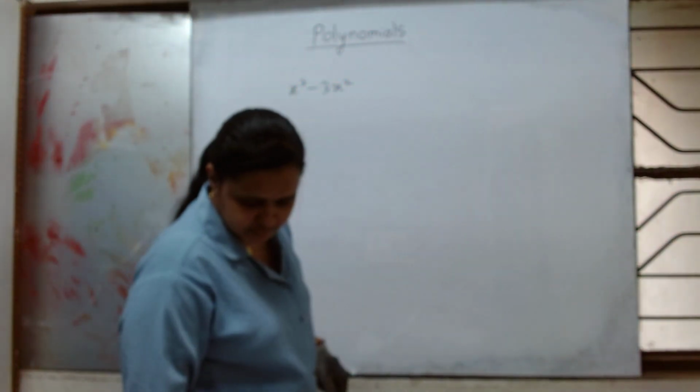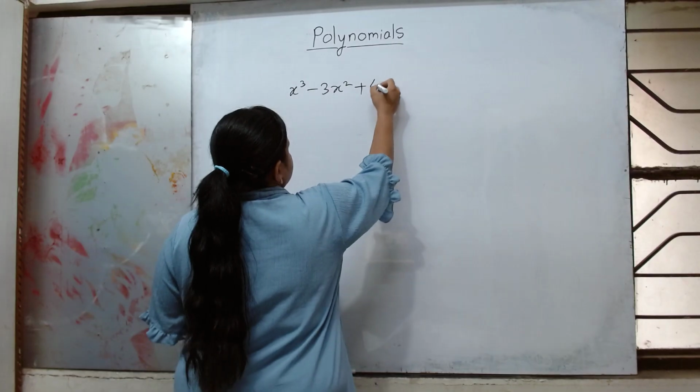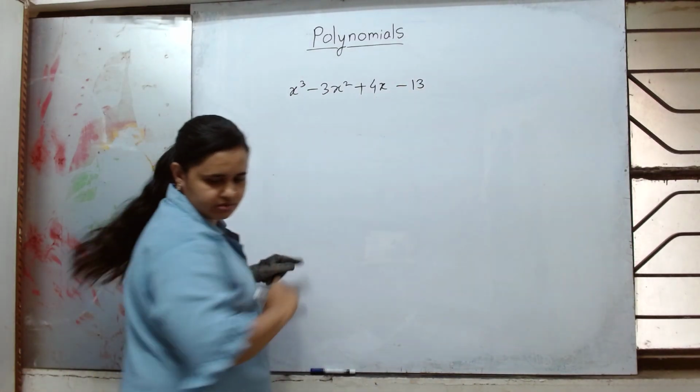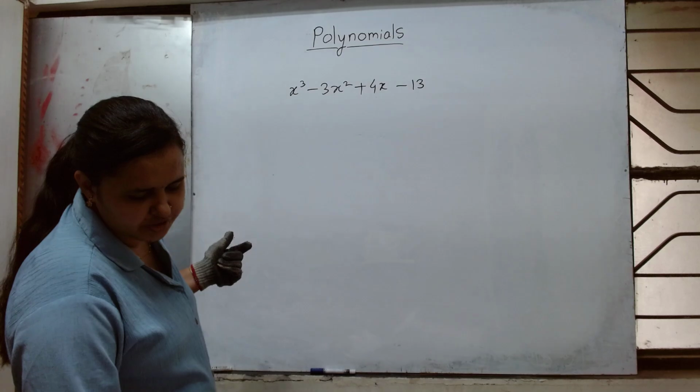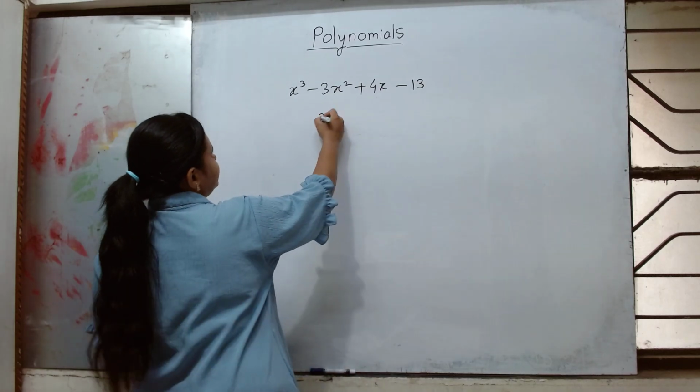Now 11th one. The least value that should be added to x cube minus 3x square plus 4x minus 13, the least value that should be added to this polynomial to obtain a polynomial which is exactly divisible by x minus 3.